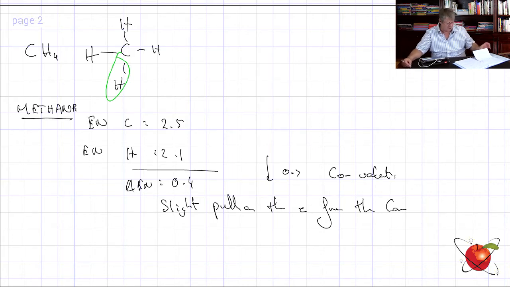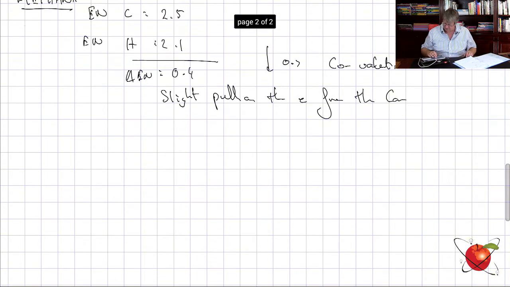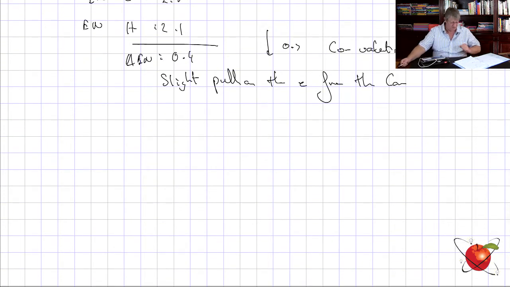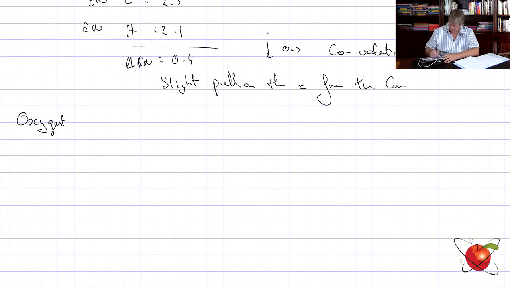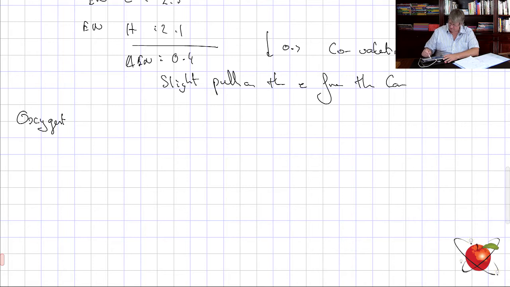Now, let's have a look at question 11. Question 11, they say use Lewis diagrams to represent the following. Oxygen gas.